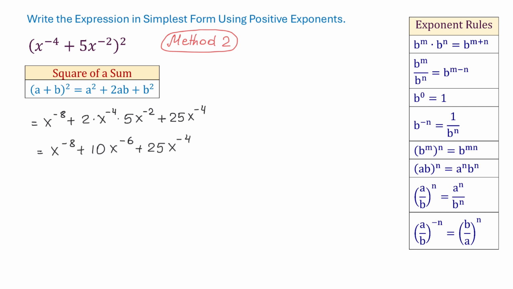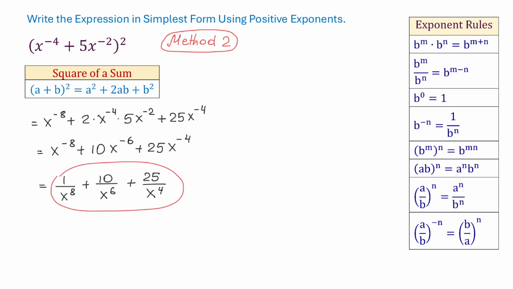And now in the last step, according to the negative exponent rule, we will take each x that has a negative exponent and we will move it down to the denominator and make each exponent positive. Then we will have 1 over x to the 8th power plus 10 over x to the 6th power plus 25 over x to the 4th power. And this will be the simplified expression.